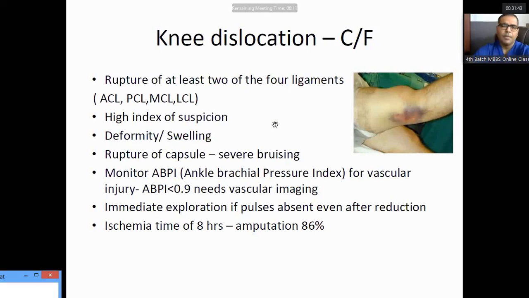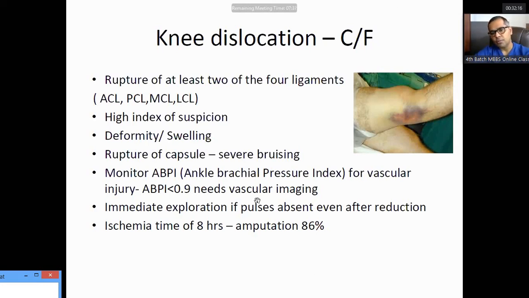When we suspect vascular injury, we have to measure the ankle brachial pressure index, ABPI, the ratio of the ankle and the brachial pressure. Usually the blood pressure at the calf is higher than in the arm. If it is less than 0.9, we have to monitor for vascular injury and go for angiography.